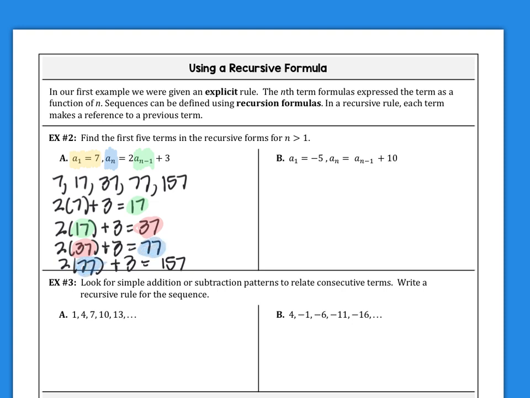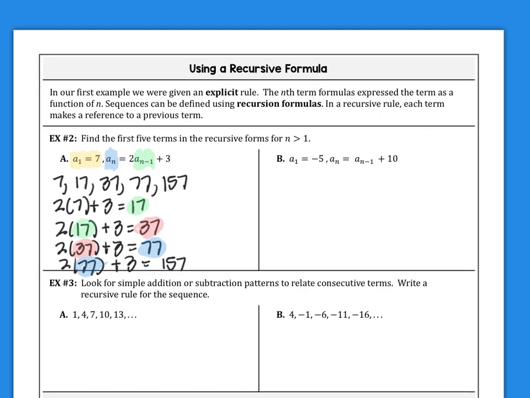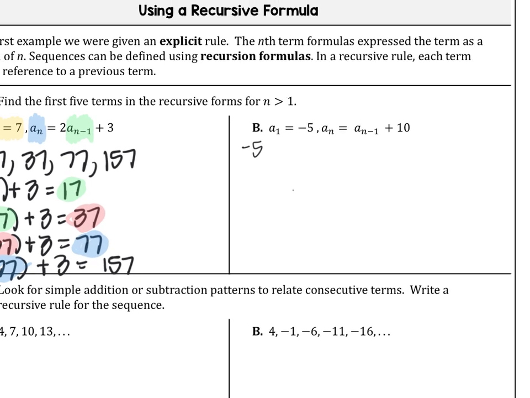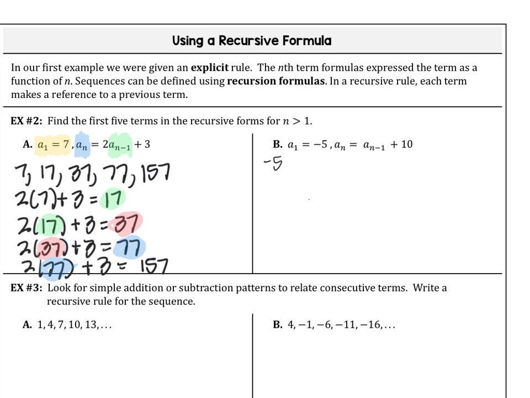So, the pattern's a little bit different. Look at part B. Here we have our first term is negative 5. And every other term after that is found by the number in front plus 10. Oh, well, this one's actually pretty easy then, because all I'm having to do is say that term plus 10.